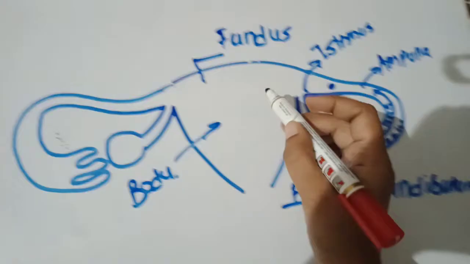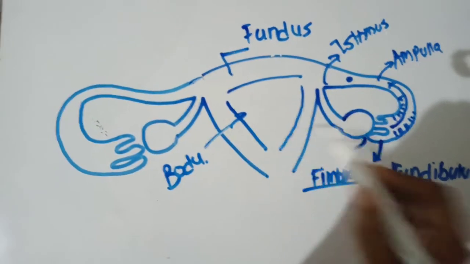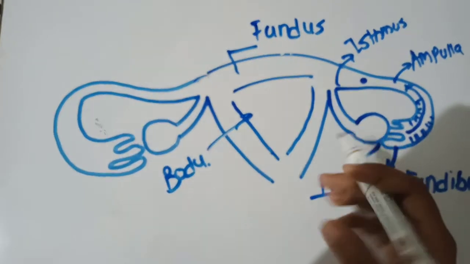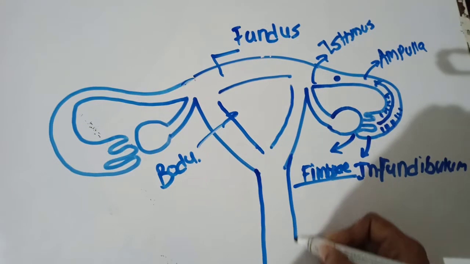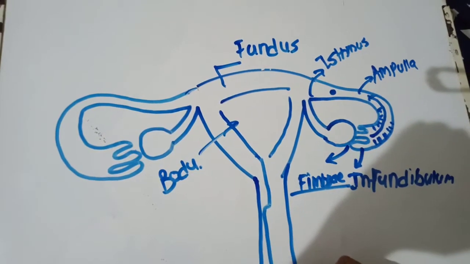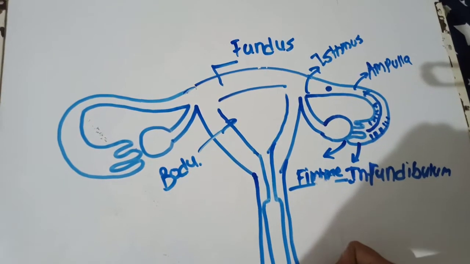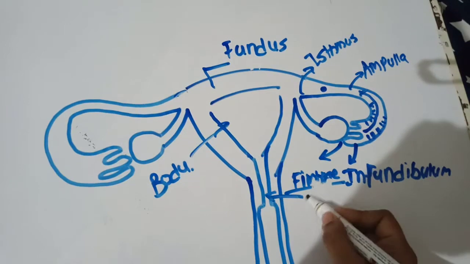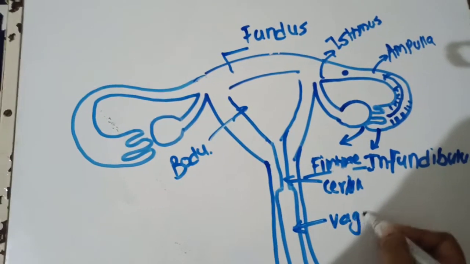And inside this there is the womb. The womb is the place where the baby gets implanted. Here is the cervix, and this is the vagina.